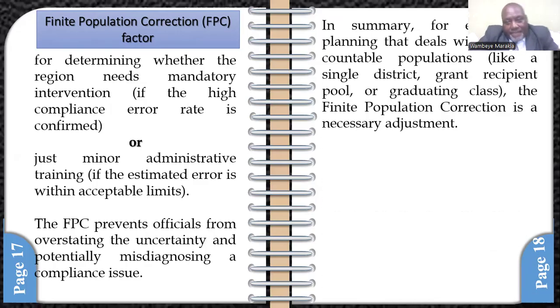In summary, for education planning that deals with a specific countable population, like a single district, grant recipients, or a graduating class, the finite population correction is a necessary adjustment.